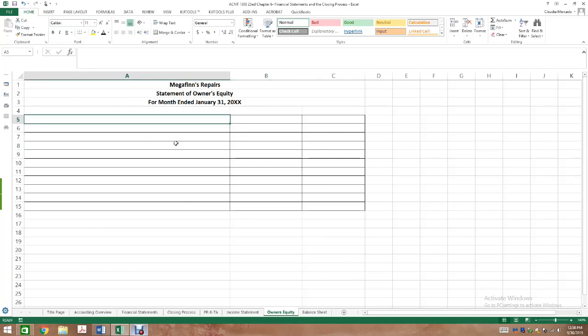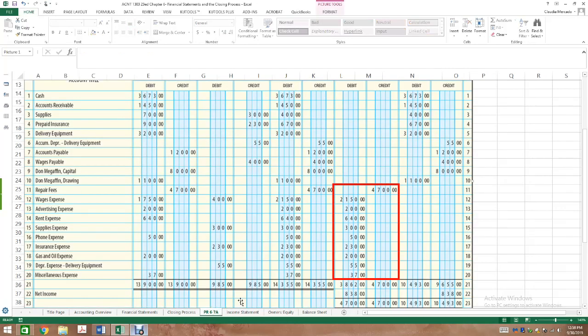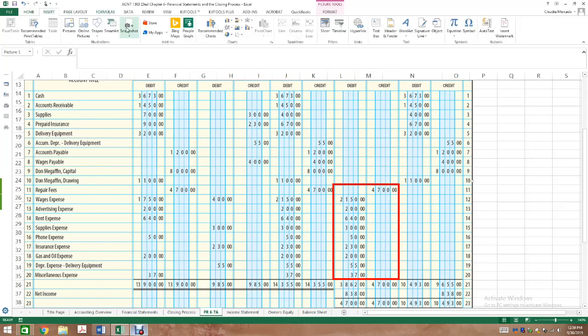For our statement of owner's equity, we're going to begin with our beginning capital. So we're going to have Don Megafin, Capital, January 1st. So let's look at our balance sheet here. We have this capital account and it has an $8,000 balance.